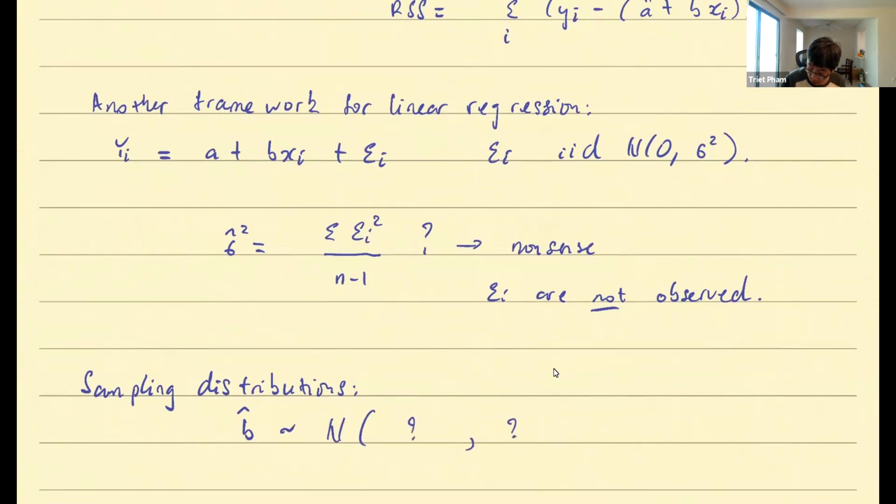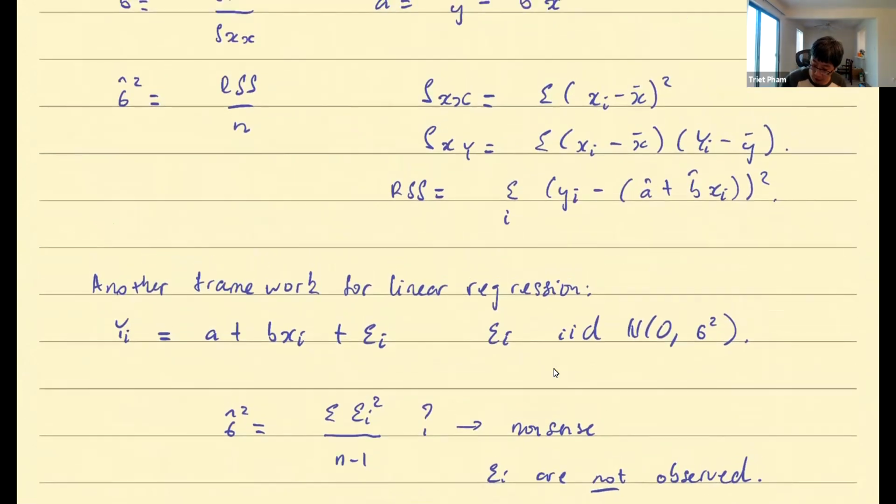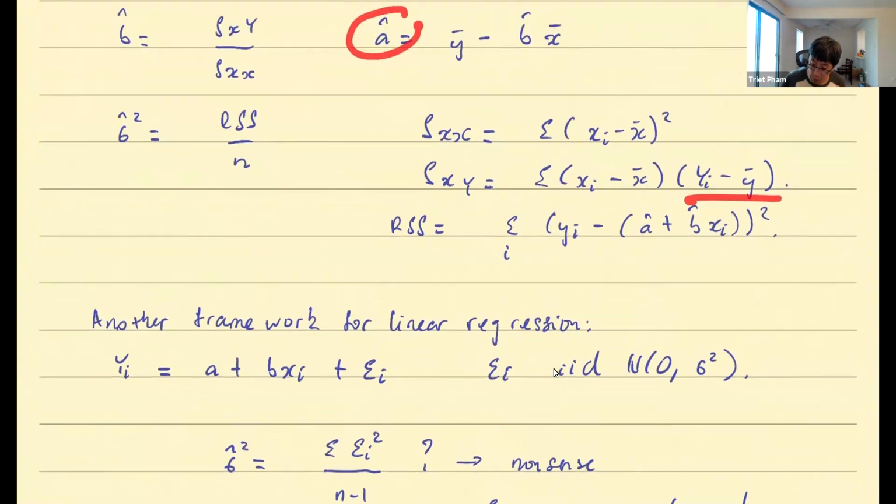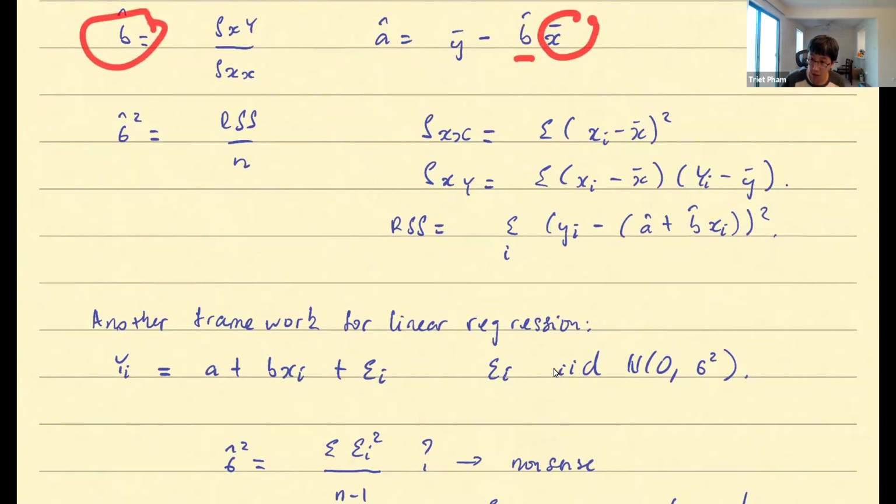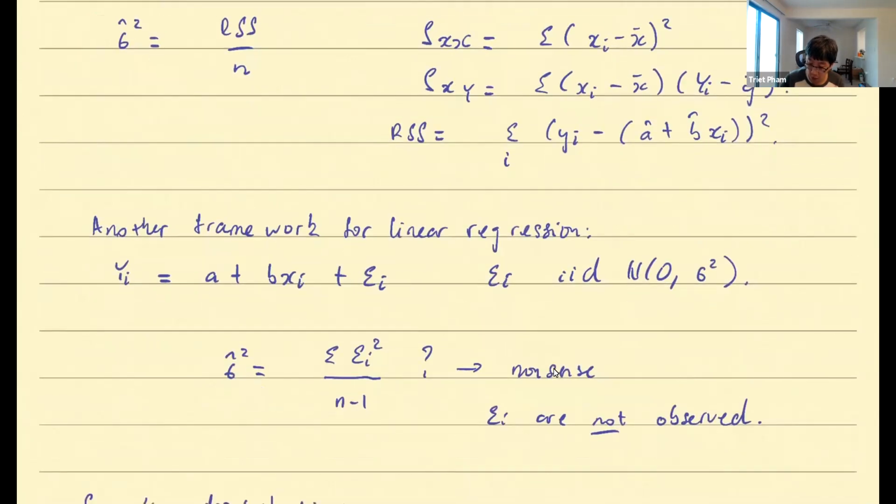Of course we have to fill that in. The same goes with A hat: Y bar is normal, B hat is normal from what we said before, and X bar is just a constant. So a combination of normals is normal again.